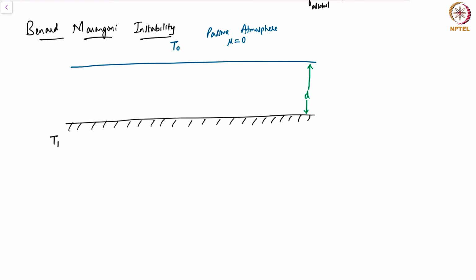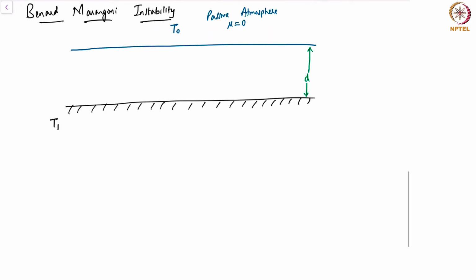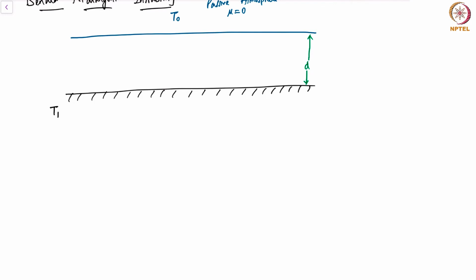Let's write down the Boussinesq equations. One more thing that I have to mention is the coordinate system. X and Y are on the plate, and Z is perpendicular to the plate, and we also have a gravity term downwards.